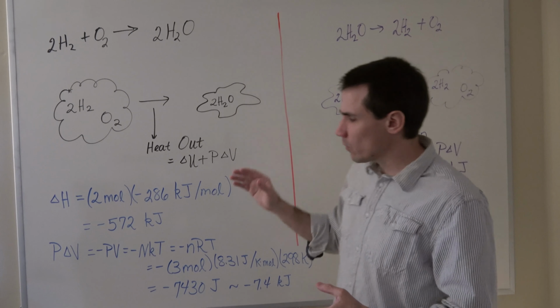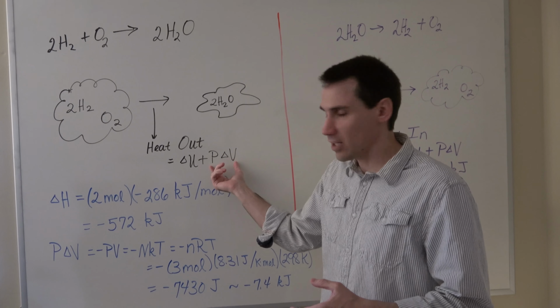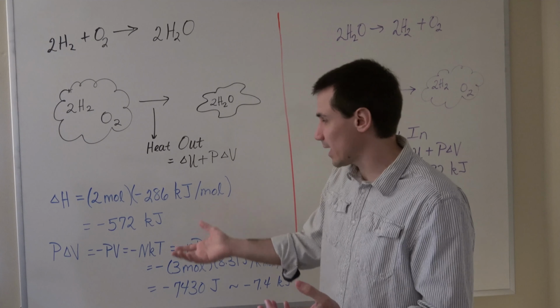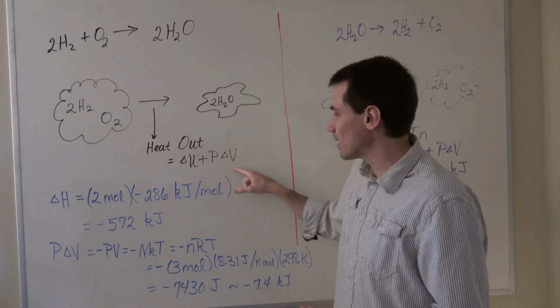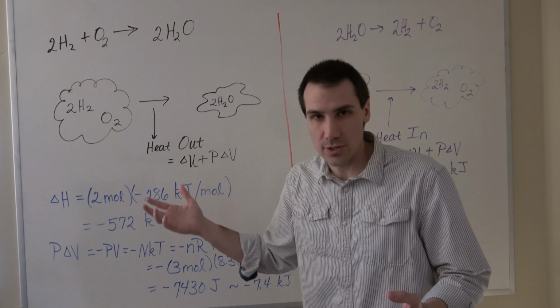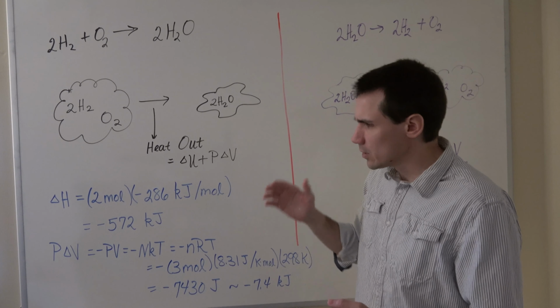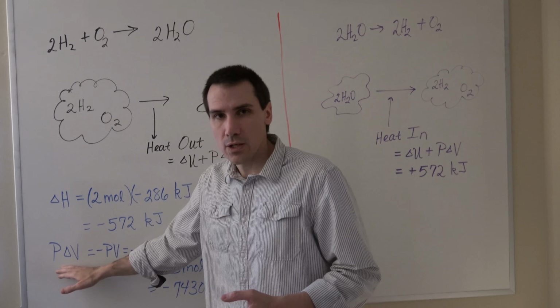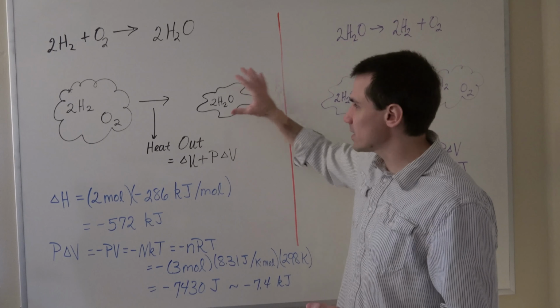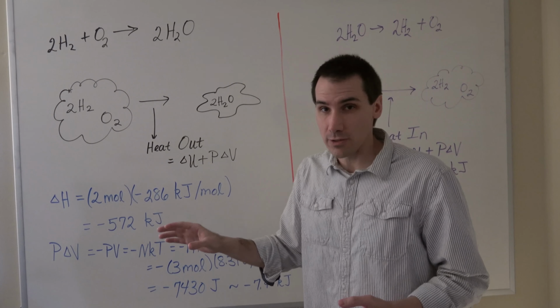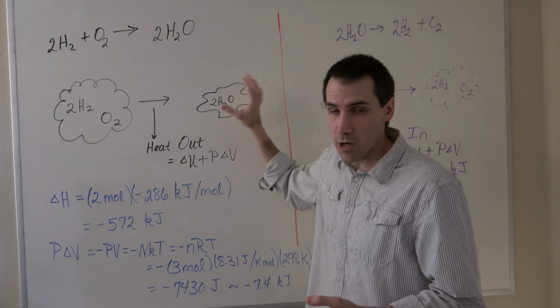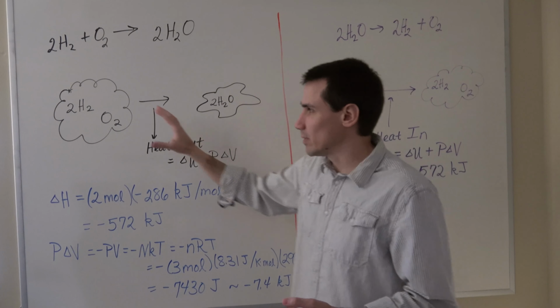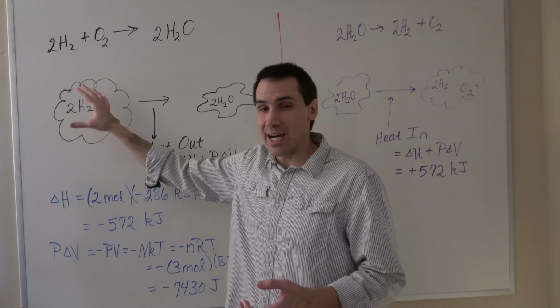So what we want to figure out is this value of P delta V, because if we know delta H, which we do, and if we can find P delta V, then we can find delta U easily. Okay, so for P delta V, we're going to assume that the liquid water has effectively 0 volume in comparison with the volume of our gas, which is a very good estimate.